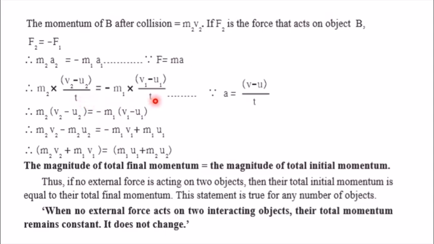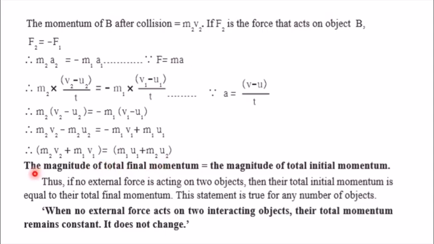Now as t was common, we have removed t from here. So what is left with us is m2 (v2 minus u2) is equal to negative of m1 (v1 minus u1). After opening the brackets, you just have to apply simple maths and our final answer will be m2 v2 plus m1 v1 is equal to m1 u1 plus m2 u2.